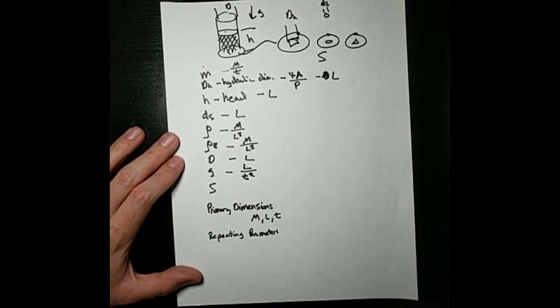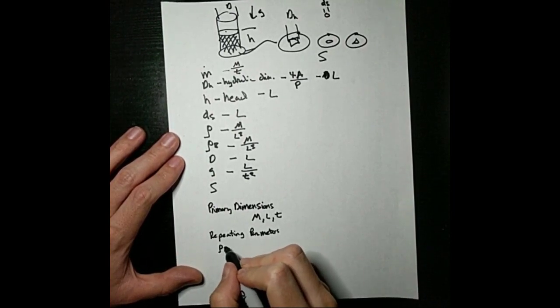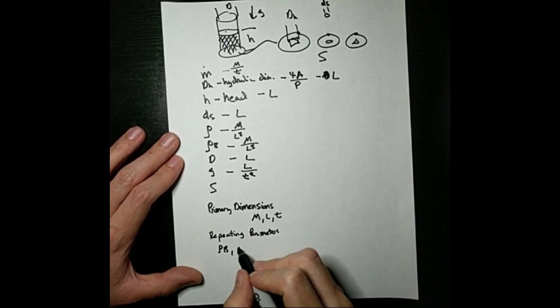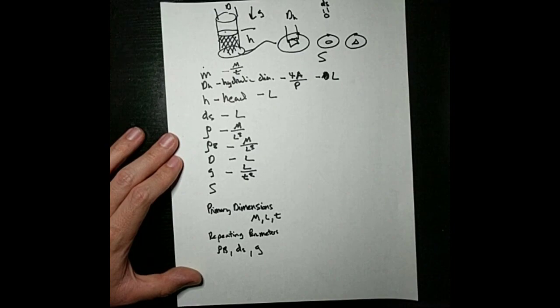So for our experiment, we're going to make some assumptions about what will affect the mass flow rate the most, and some assumptions about our material. So we're going to use bulk density, spherical diameter, and gravity as our repeating parameters.